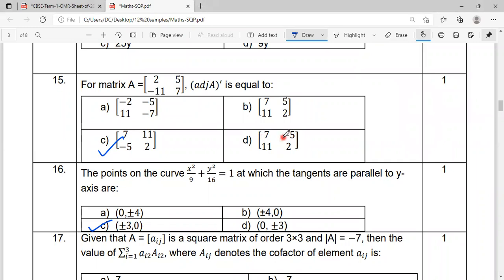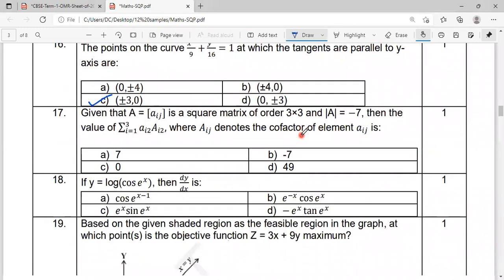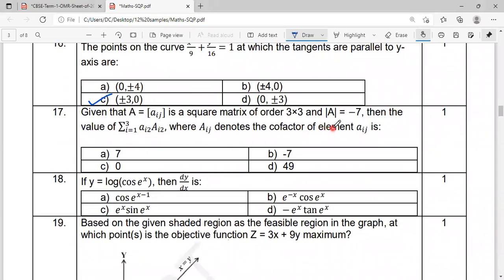Now, if A is a square matrix of order 3 and determinant of A is minus 7, then evaluate this. This sigma notation stands for summation. So when we expand this, it means replace i by 1 and go up to 3.